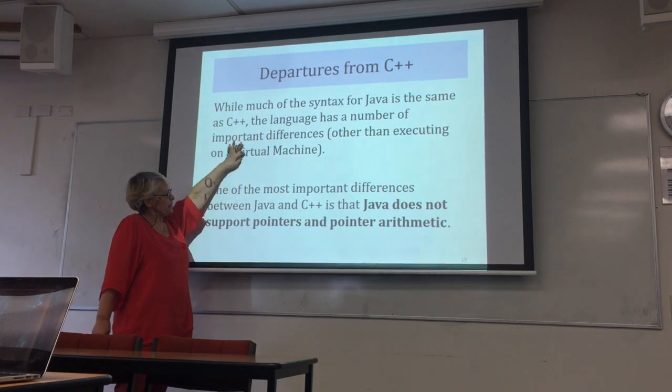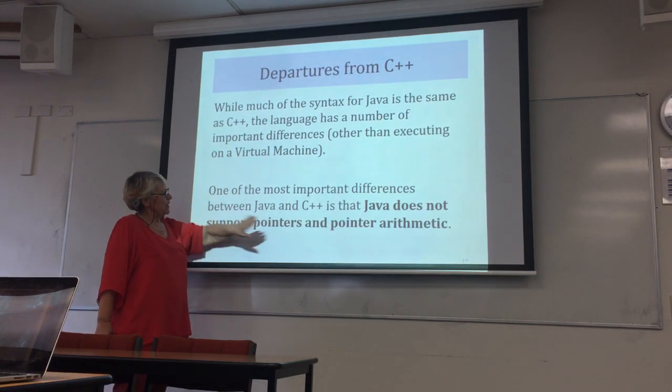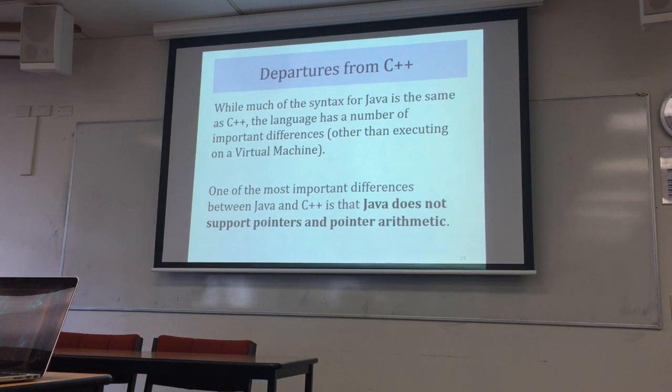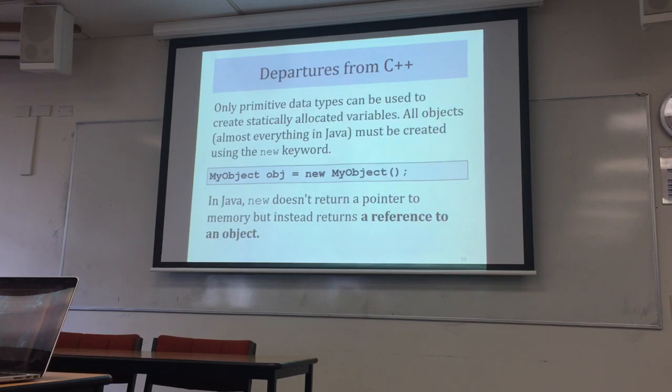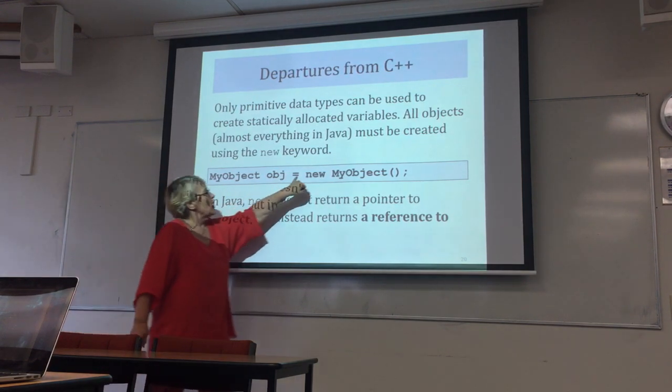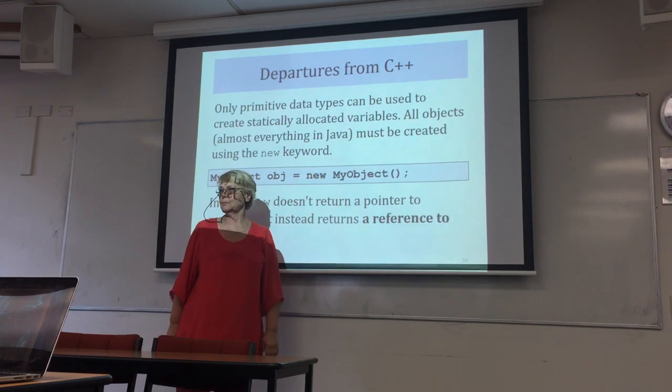The portability, which comes from the virtual machine; no direct access to pointers, and you can't use pointer arithmetic. If a type is not primitive, not int or float, then it's called a reference type, which means it has to be declared with new.